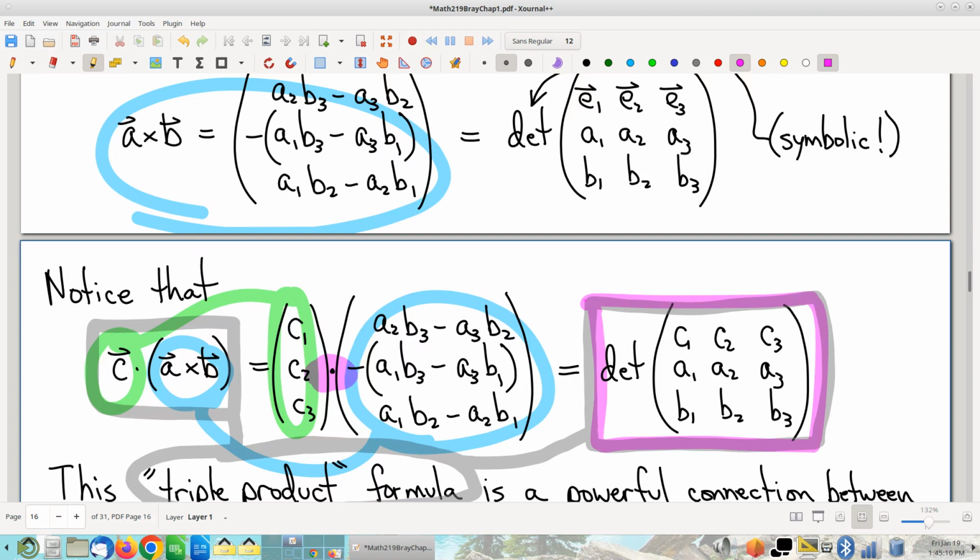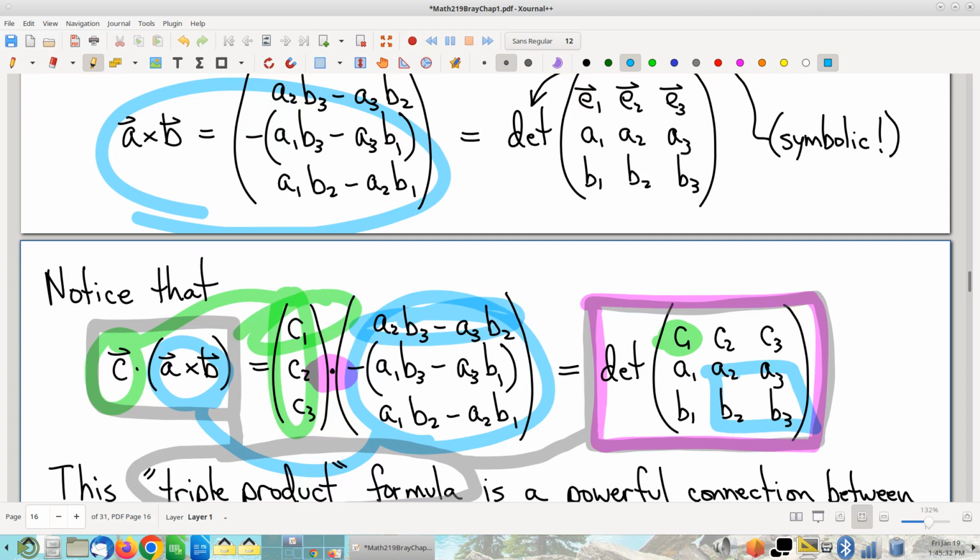Namely, C1 times A2B3 minus A3B2. Well, that's exactly what you would get if you were doing the cofactor expansion, and there's C1, that element, and this is the determinant of that. It's exactly the same thing.